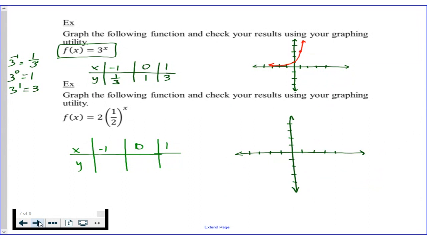Okay, guys, type your answers. What is f of negative 1? What is f of 0? And what is f of 1? Try to use your calculator. It's very important. If you know how to evaluate those numbers, it will be easy.